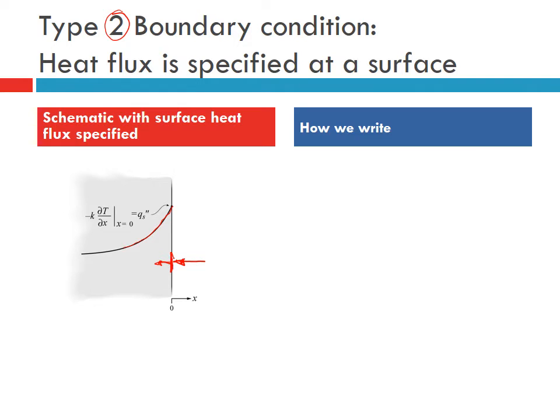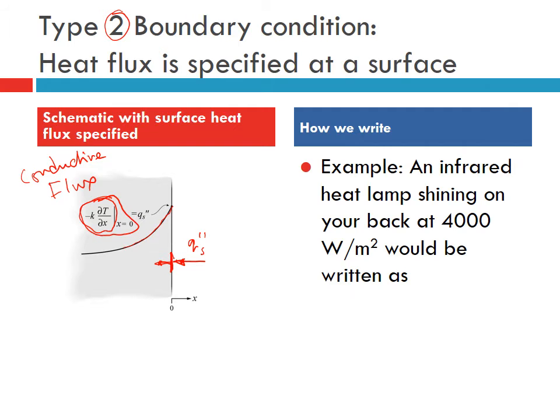All we can say is the heat flux q_s double prime is related to the heat conducted in, which is this part. So minus k dT/dx is the conductive flux, and that's equal to whatever is falling on the surface.